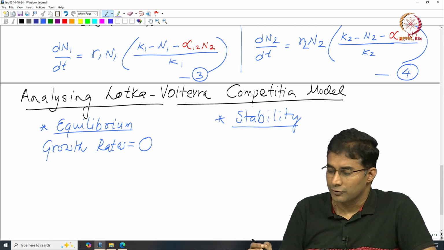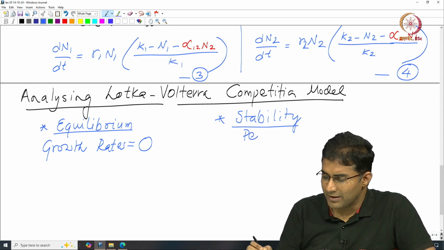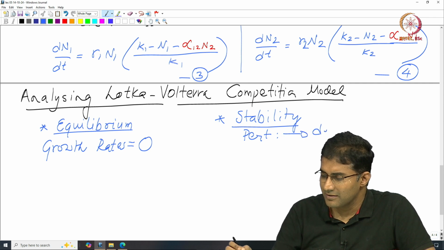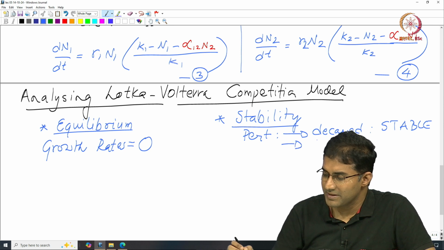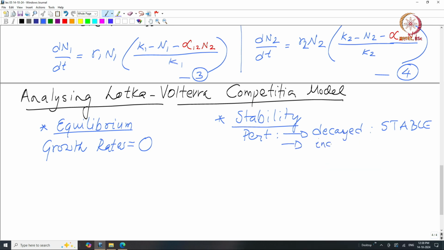Okay. So, depending on the perturbations, if the perturbations decayed, those are called stable equilibria. On the other hand, if the perturbations increased, those would be called unstable equilibria.